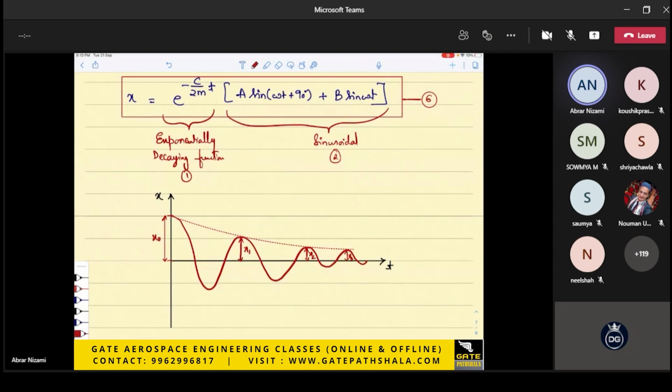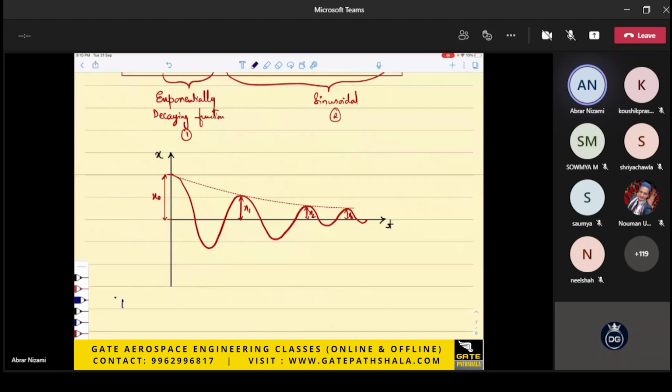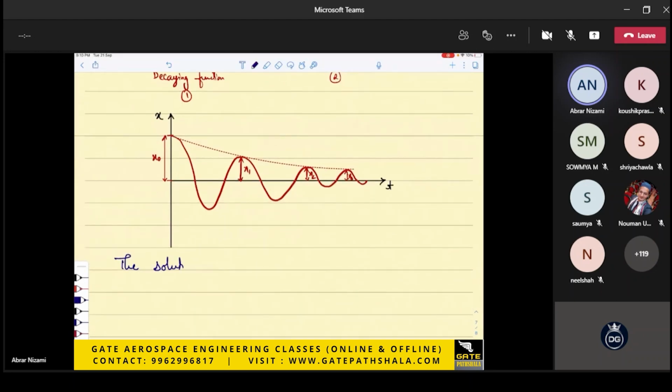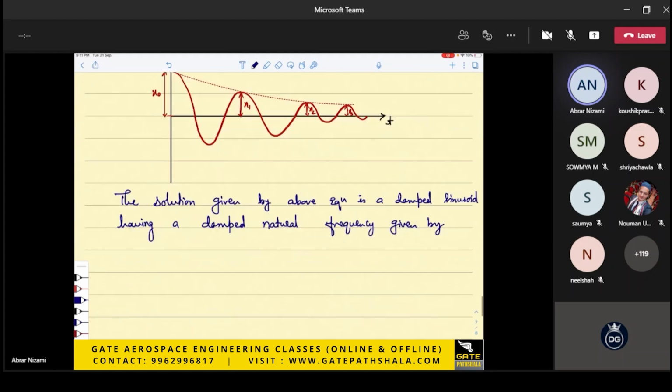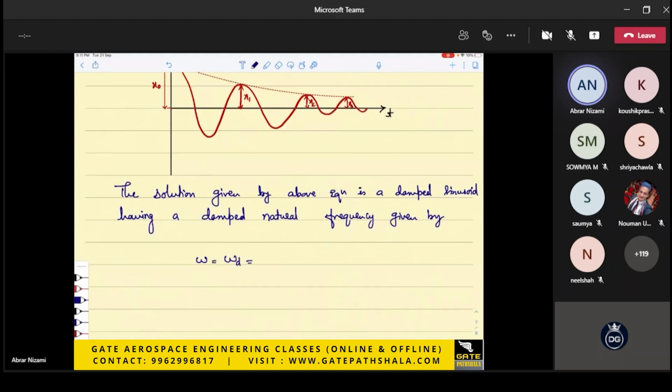The solution given by the above equation is a damped sinusoid having a damped natural frequency given by omega equals omega d, that is equal to under root of k by m minus c by 2m whole square.